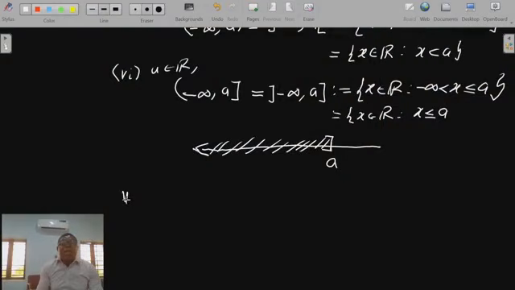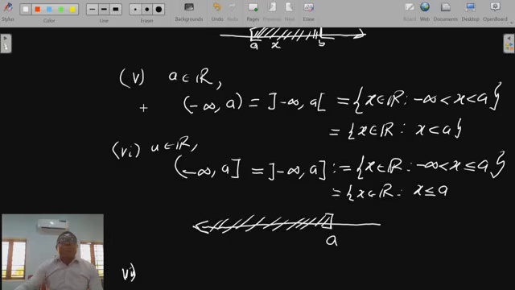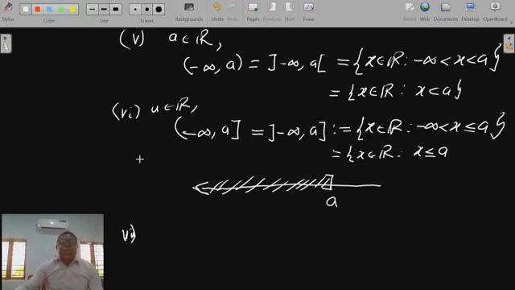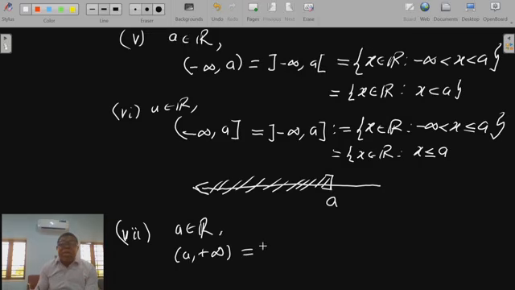Now, we go further to introduce others. Let's look at number VII. Here we take A in R. Remember that A is an arbitrary element of R, and we now look at the set, say (A, plus infinity).